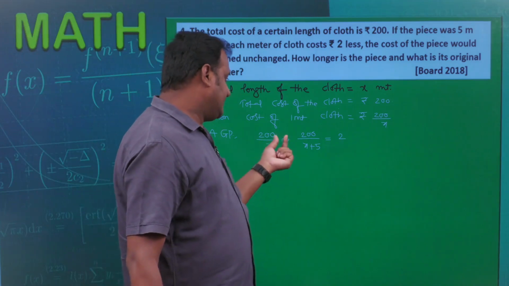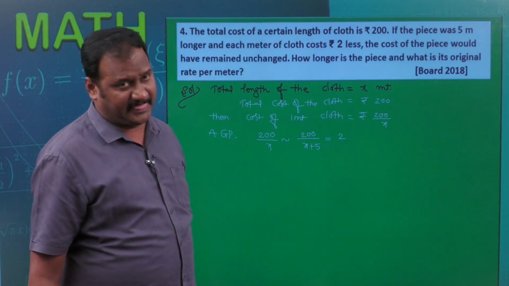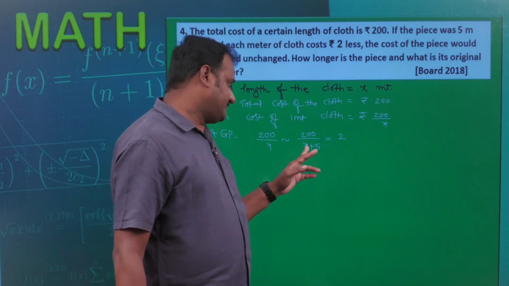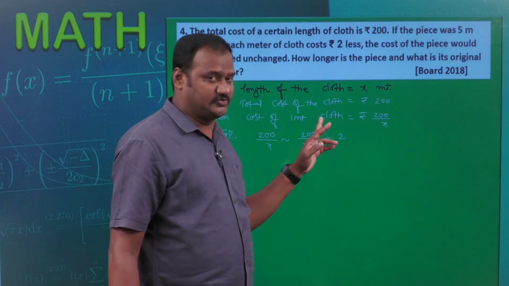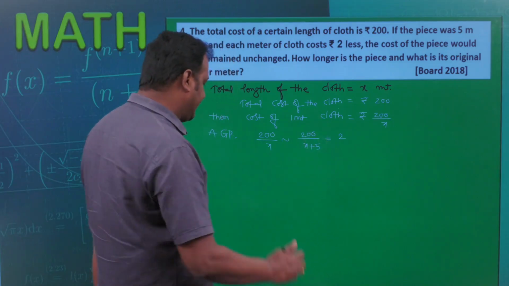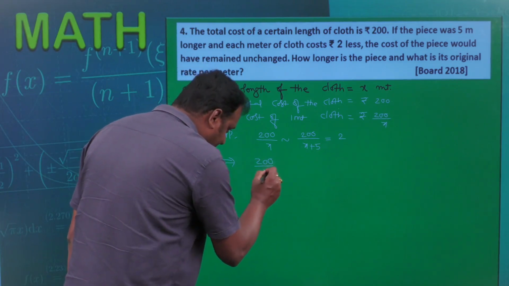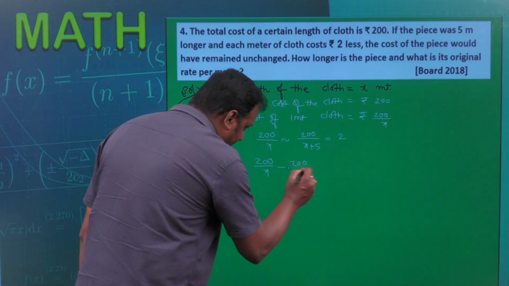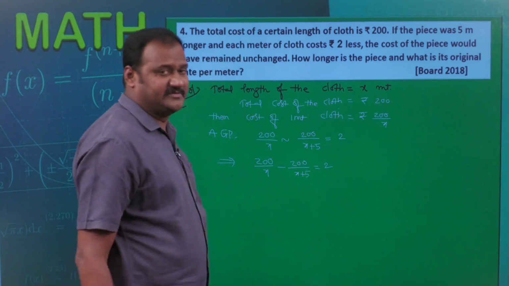The difference between 200 by x and 200 by x plus 5 is equal to 2. See here, if the number of meters is increased, then the cost would be decreased. So according to this given problem, it would be 200 by x minus 200 by x plus 5 is equal to 2. How do you simplify this?